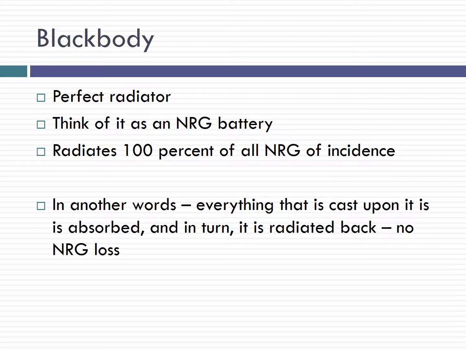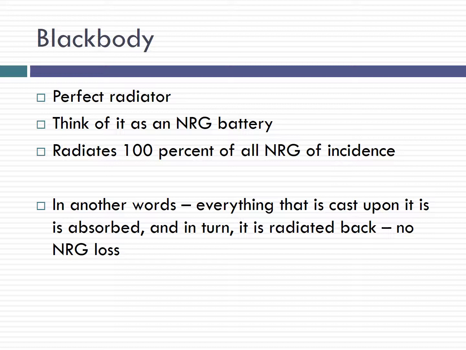There's a concept in remote sensing called a black body, and a black body is a perfect radiator. So what does that mean? It means not what you're thinking. Think of it as an energy battery. In a black body, a perfect radiator means that 100% of what is absorbed is radiated back out.